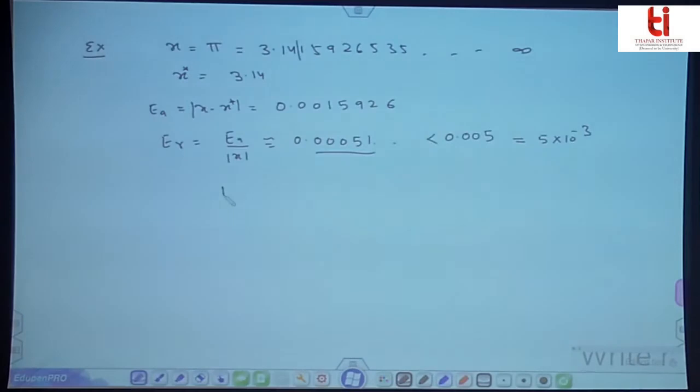So we can say x minus x star upon mod of x is less than or equal to 5 into 10 raised to power minus 3. Whenever we take x star up to 2 digits after the decimal, it comes out to be 5 into 10 raised to minus 3. So what does it imply? That x star approximates x to 3 significant digits.